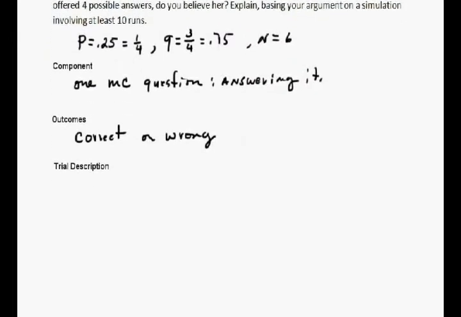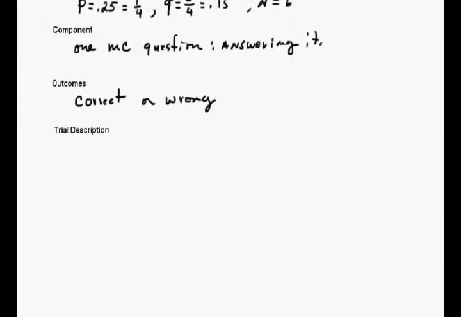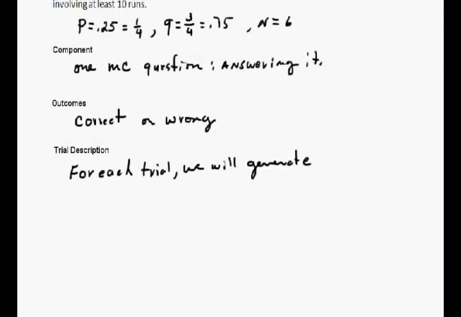Okay, so let's see if we can describe how we would do a trial. For each trial, we will generate, and I think once again we have to model 1 out of 4, or 25%. So we can use that with single digit numbers, and I'll explain why in a minute.